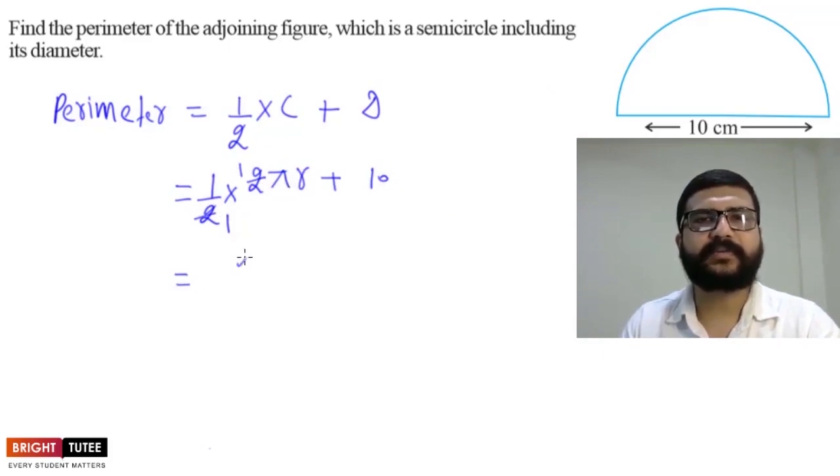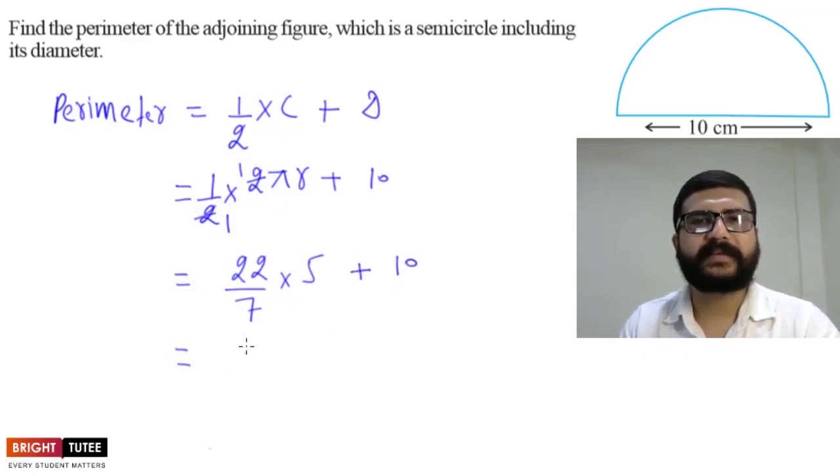The pi is 22 upon 7. So it will be 22 upon 7 into r, and r is 5, plus 10. Now by simplifying this we will get 110 upon 7 plus 10 upon 1, or we can write it as 70 upon 7. Now 70 upon 7 is basically 10 only.